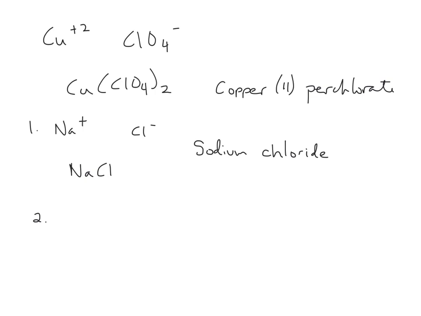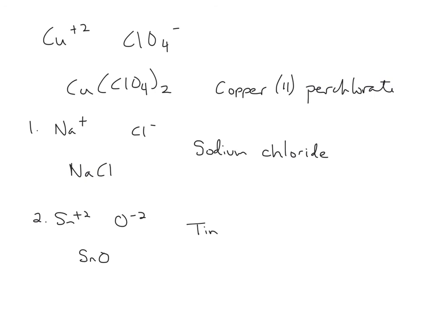So the second one in that worksheet says Sn+2 and O-2. So looking at our charges here, we need only one of each of these ions. Our formula is SnO. Okay. And Sn stands for tin. Tin is on the periodic table, it's actually one of the main group elements.